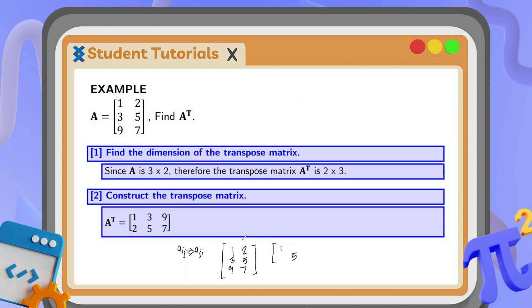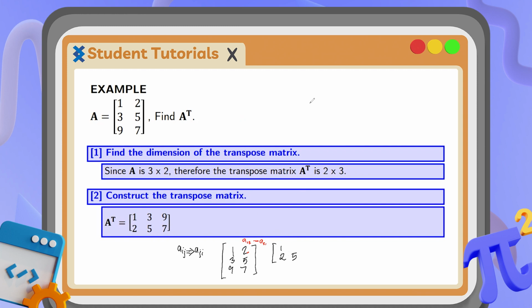Now we focus on the other elements. So here, 2 is originally A sub 1,2. We swap it and we turn it into A sub 2,1. And that would be falling under here.